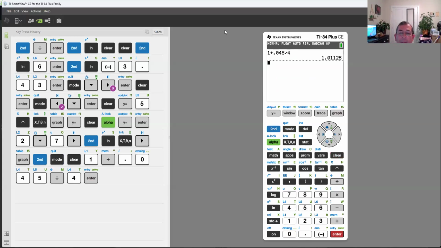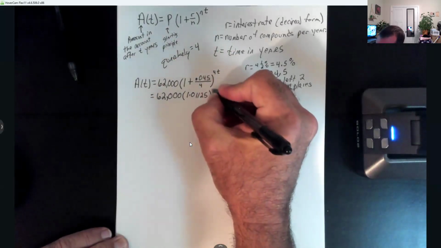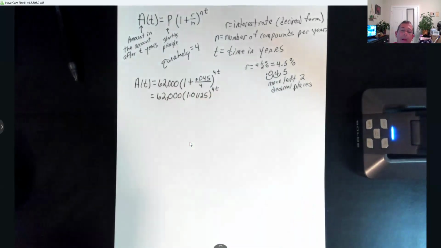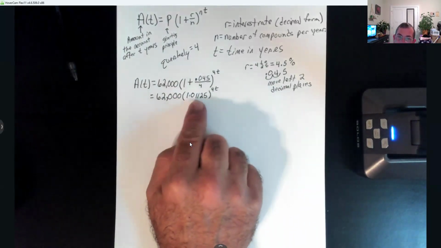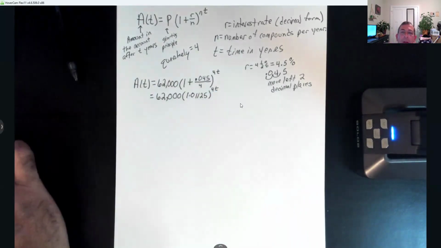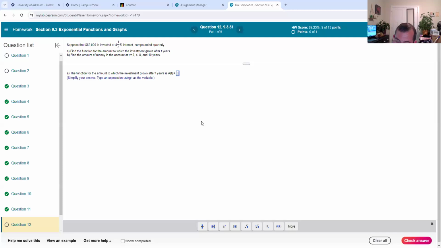And then you have to figure out that middle and then bring down your 4 times T for your exponent. So this is what you have to put in MathLab, the simplified form of that formula, okay? So we're going to go put that in. So we had 62,000.